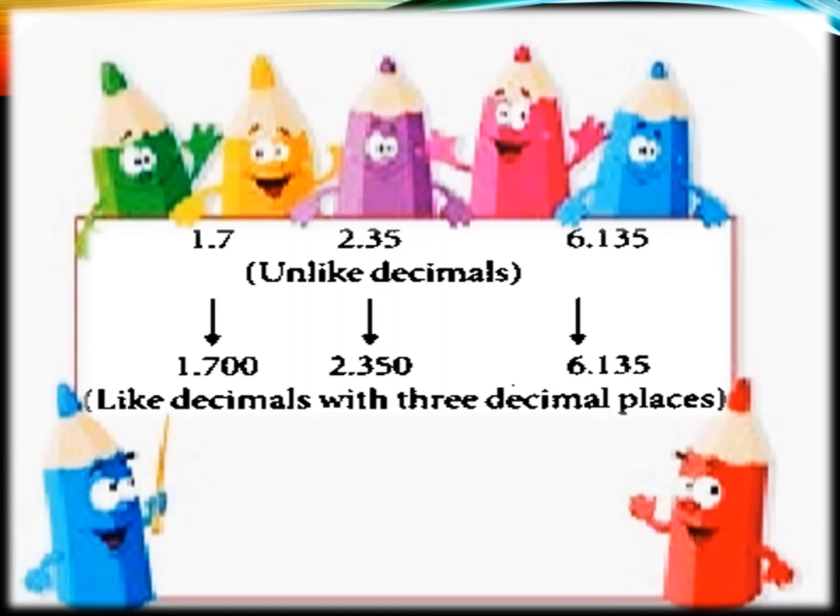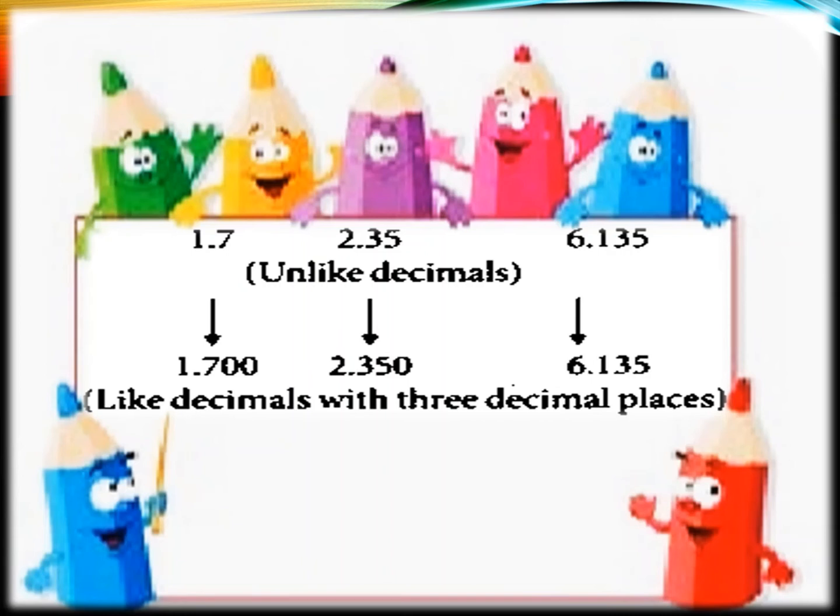Now 2.35, to make it 3 digits after the decimal point we shall put 1 zero at the end. Put it at the last, not in between. So 2.350, and 6.135 will remain the same. In this way, we have like decimals at 3 places.